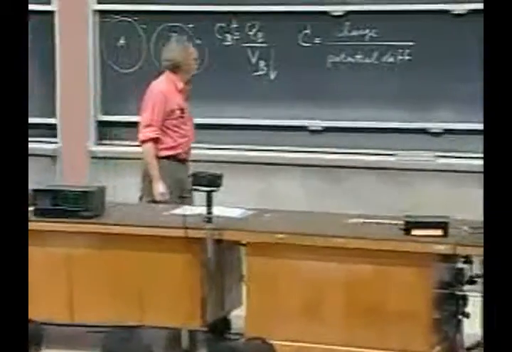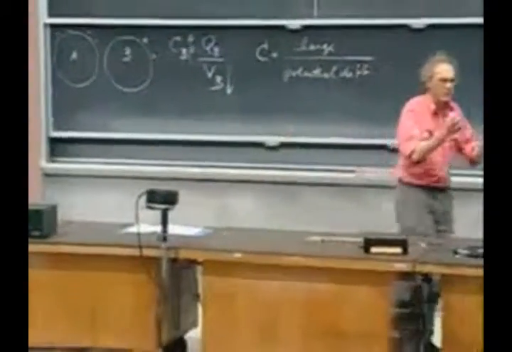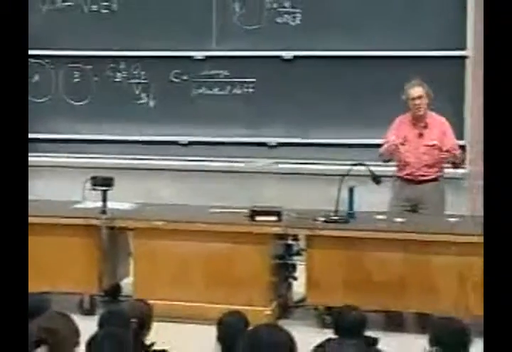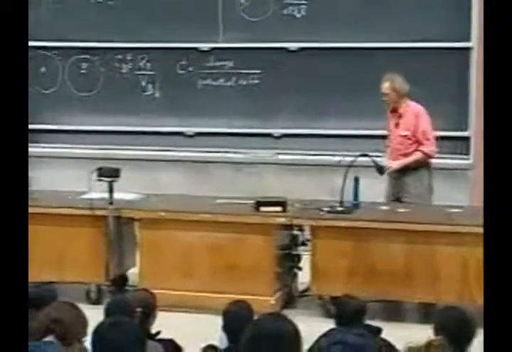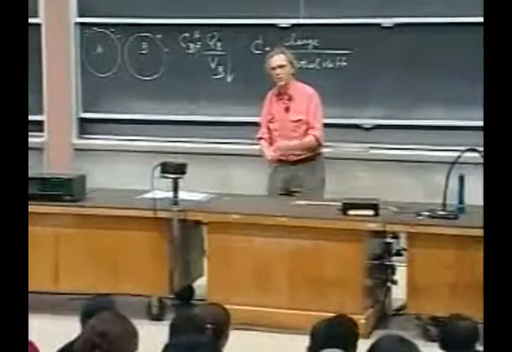You may say, well, it's a little artificial to have two conductors and one is positively charged and the other has exactly the same amount of negative charge. Well, it is not so artificial as you may think. Remember we had this Wimshurst machine which I was cranking, and I was charging one plate positive and the other one negative.